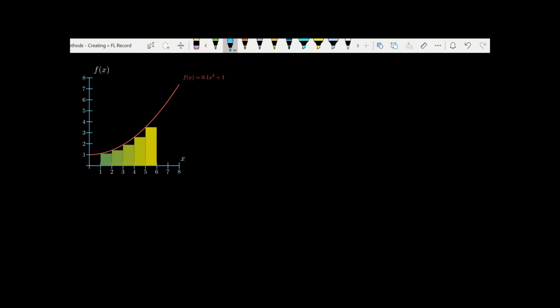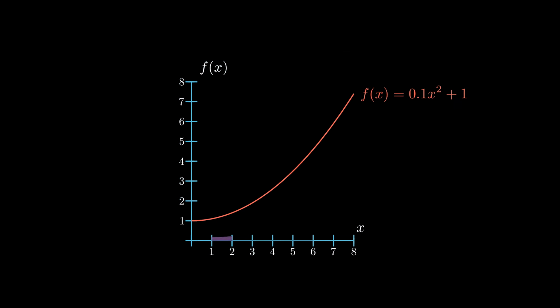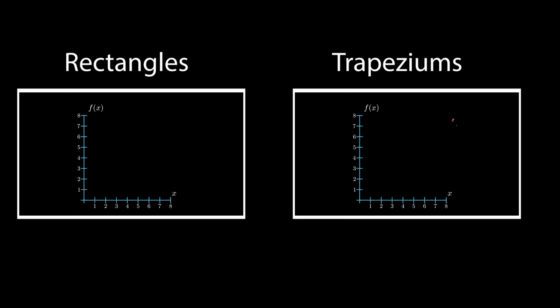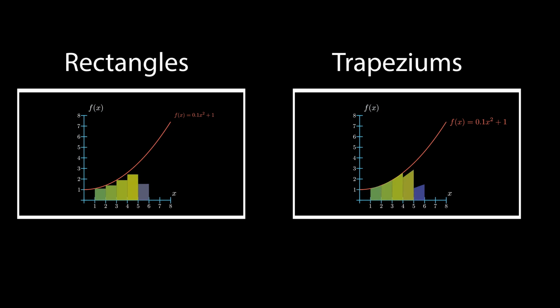If you wanted to get a nice approximation under a curve, you could use the area of a trapezium. However, regardless of whether you're using rectangles or trapeziums, as you take the number of objects underneath the curve to infinity, so you make their width 0, you get an exact answer for the area under the curve.